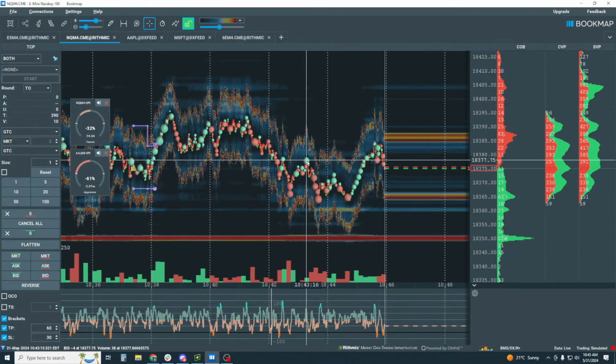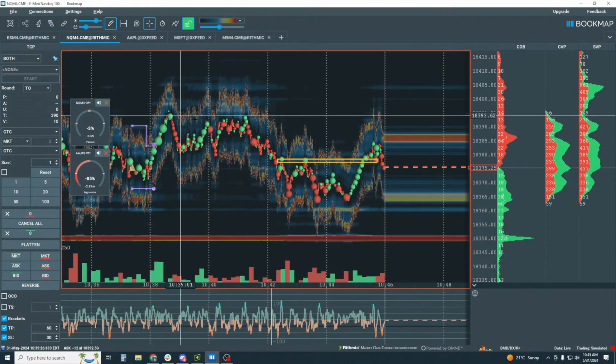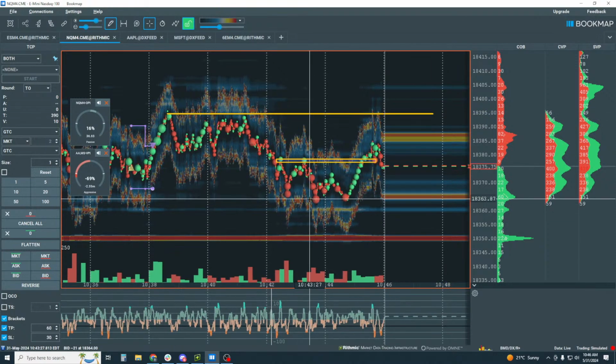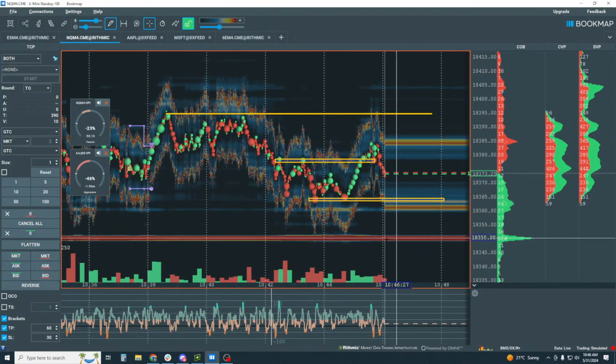This was our first level we were looking at here, but our second one is up here, and we're looking to break this one to trade down to here.